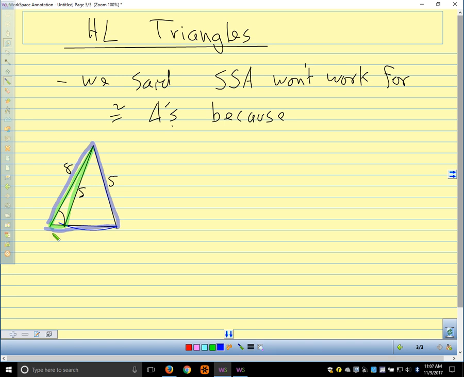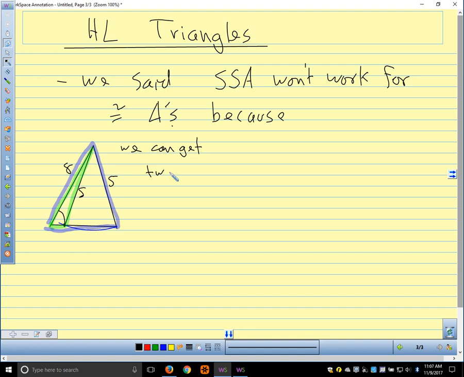And the green triangle and the blue triangle are definitely not congruent. We can get two triangles. Two different triangles. So that's why we can't use SSA.